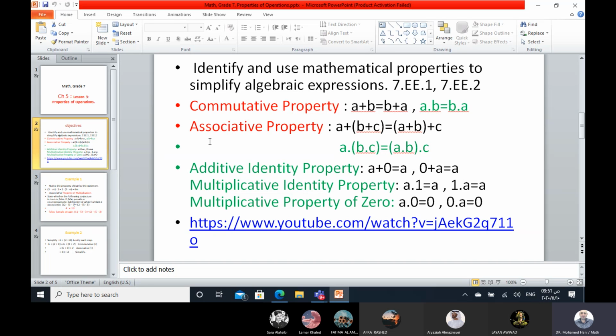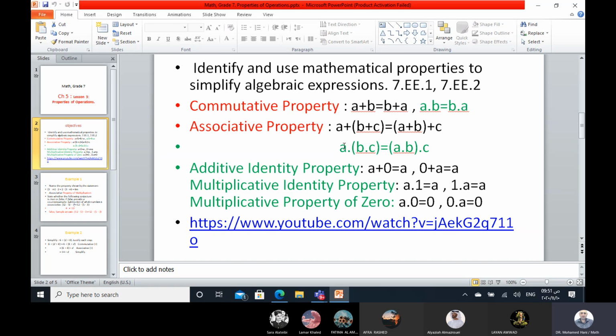The second property, associative property. If you have three numbers, A and B and C, we can use parentheses to do plus between two numbers. So we can write A plus (B plus C) equals (A plus B) plus C. This is associative for addition.